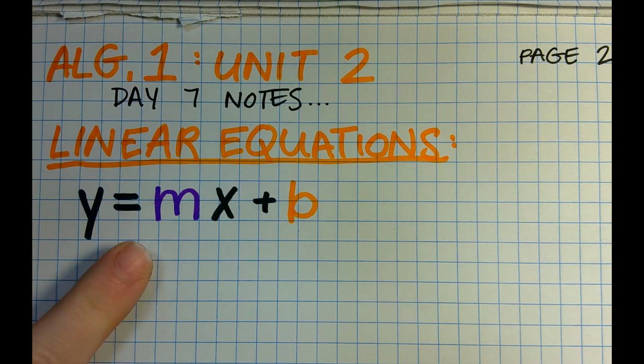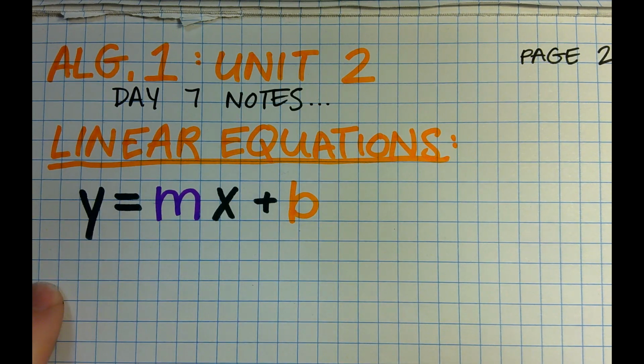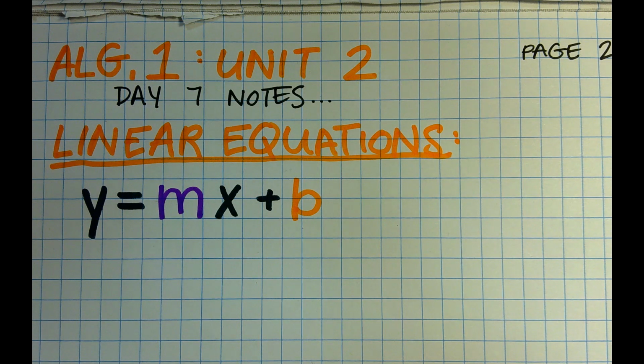First of all, has anybody ever seen this equation before? Some of you may have, maybe for a minute or so, but no worries. I'm going to have you label two things.